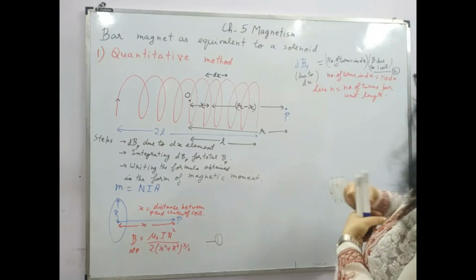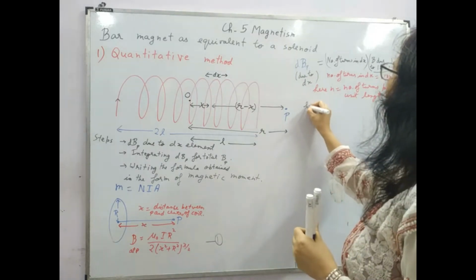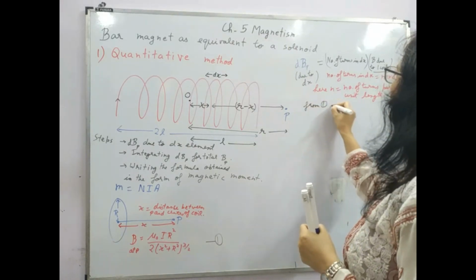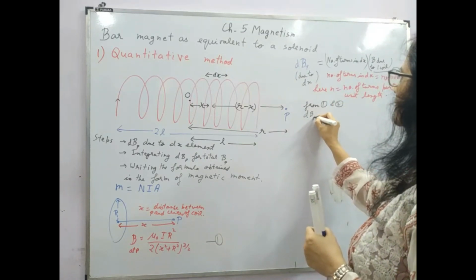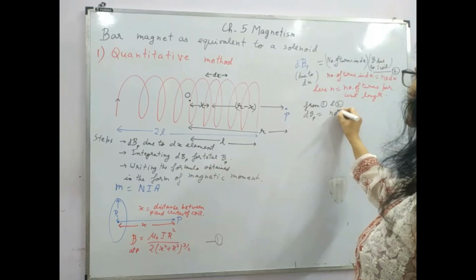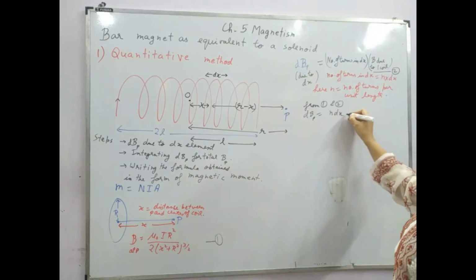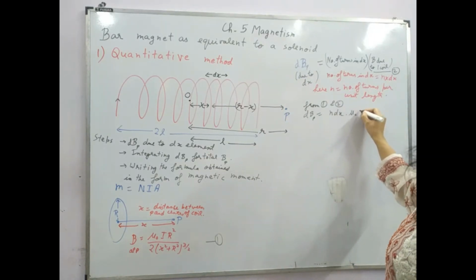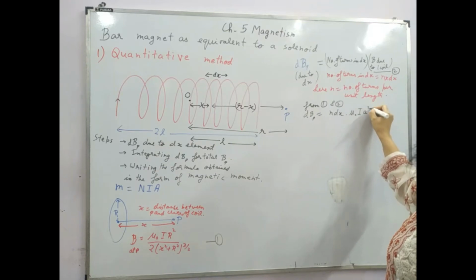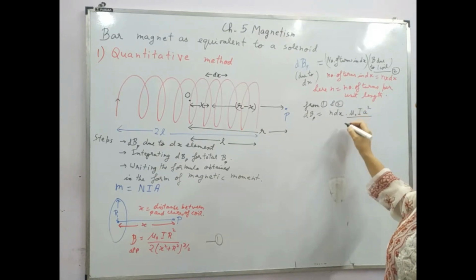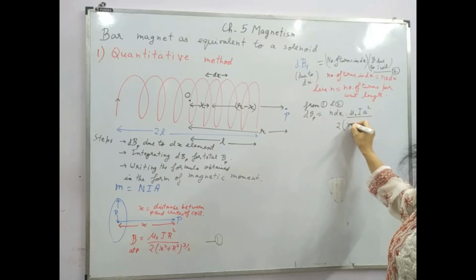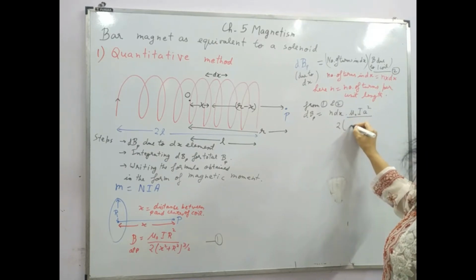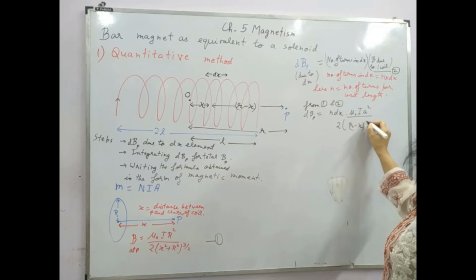So from 1 and 2 I can write dBp is equal to n dx into mu naught I. What is the radius of the coil? a. So I'm writing a square, upon 2, and I will write r minus x over here for x.